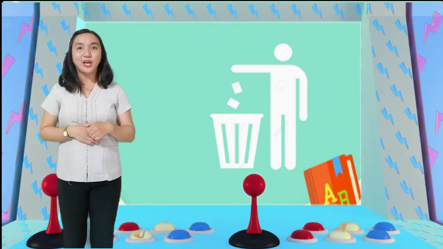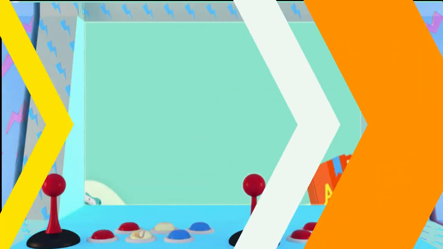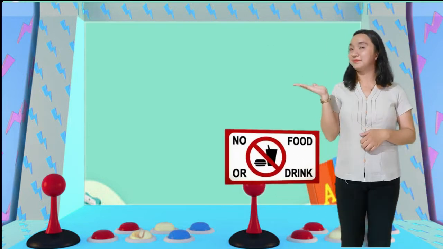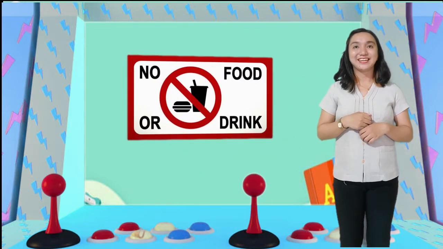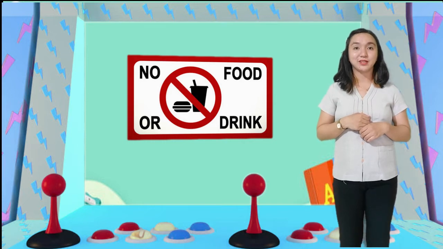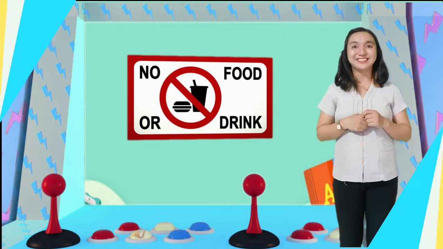Let's see if you know the next one. What does this sign say? This sign right here means that we are not allowed to eat or drink in a given area. You cannot eat here. Nice one!